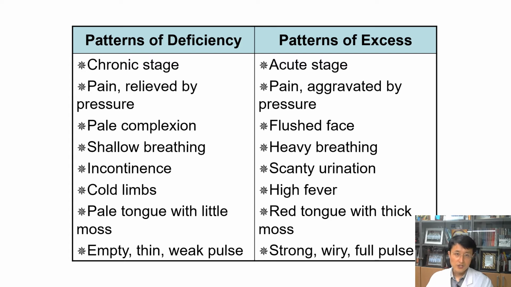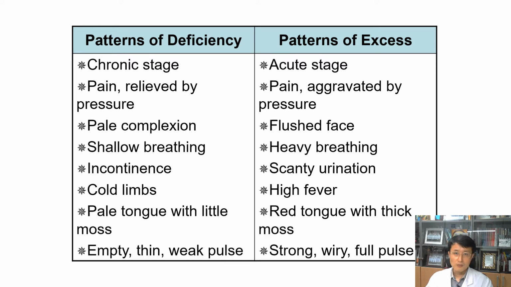In traditional East Asian medicine, disease and symptoms are often categorized into 2 patterns: deficiency syndrome and excess syndrome. Deficiency syndrome implies that the vital energy is comparatively, chronically insufficient, weak, and unable to perform its former function.